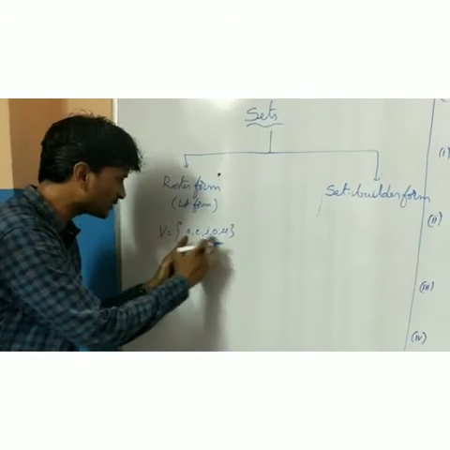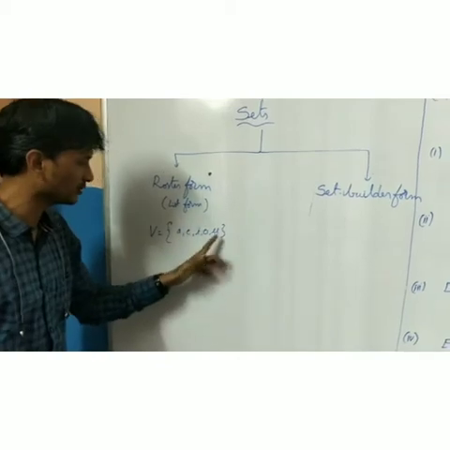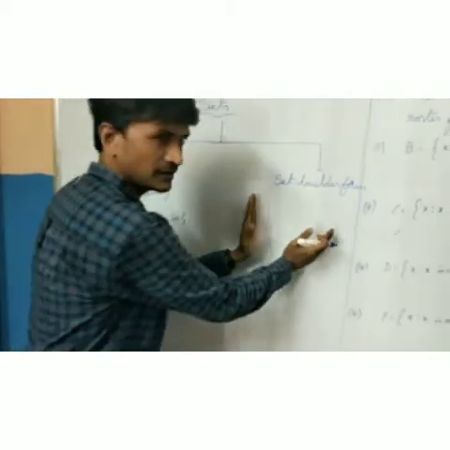Next, every element is also separated with commas. Already we know that here: A, E, I, O, U. Say this is how to write in the set builder form.